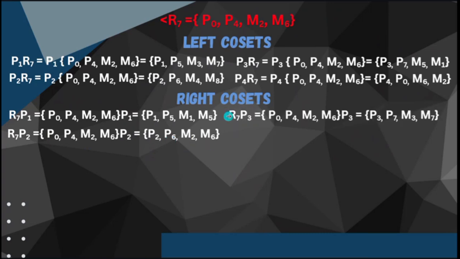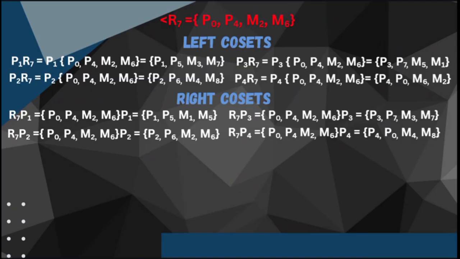For R sub 7 multiplied by rho sub 3, we have rho sub 3, rho sub 7, mu sub 3, and mu sub 7. For R sub 7 multiplied by rho sub 4, we have rho sub 4, rho sub 0, mu sub 4, and mu sub 8.